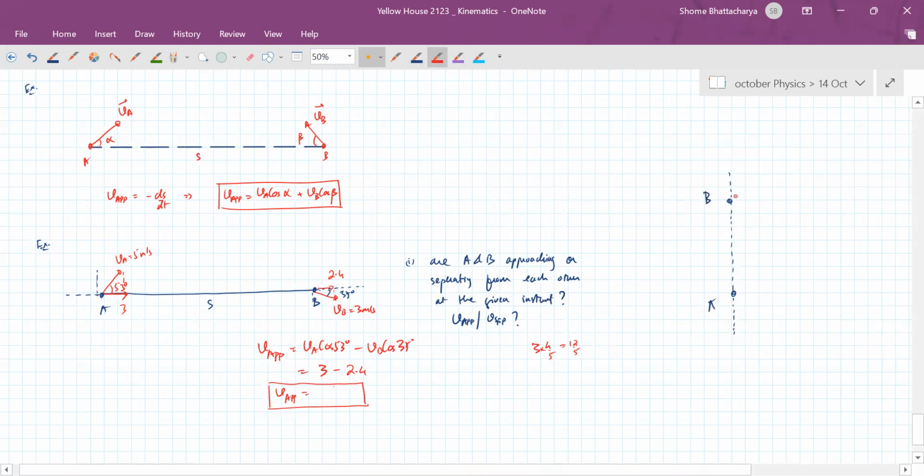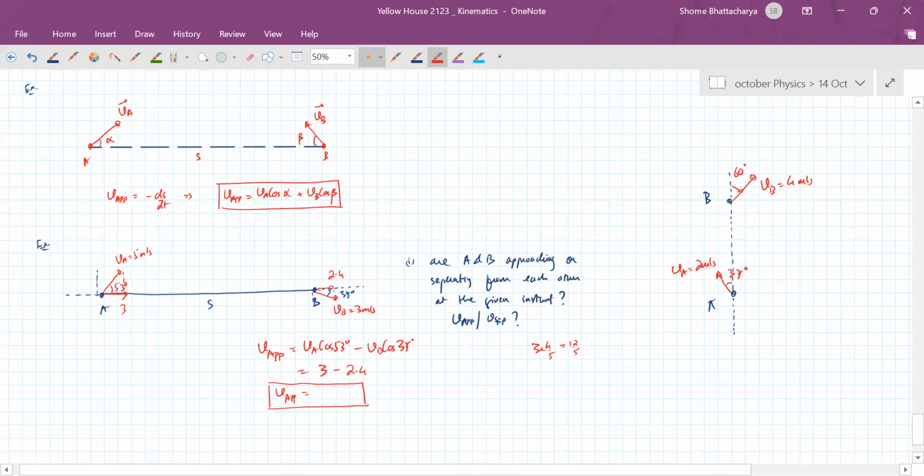Now suppose this is a situation where this has a velocity of, let's say, 4 meters per second at an angle of 60 degrees like this, and this has a velocity like this of, say, 2 meters per second at 37 degrees. Okay.